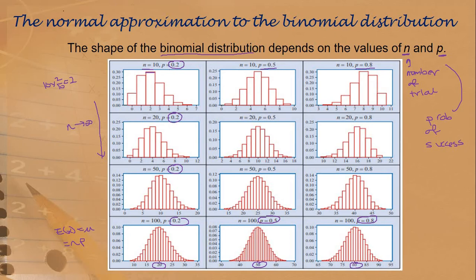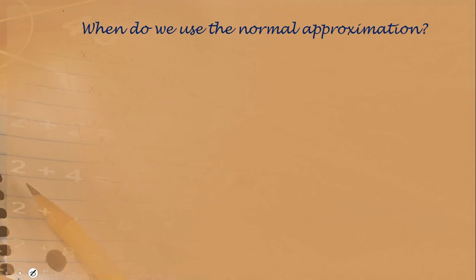However, regardless, the shape begins to look like that characteristic bell-shaped curve of the normal distribution. As n increases, the graphs look more and more bell-shaped. Because of this, we can sometimes use the normal distribution to approximate a binomial distribution.